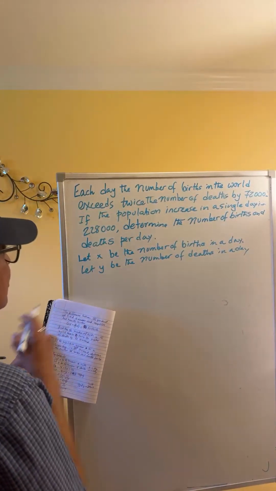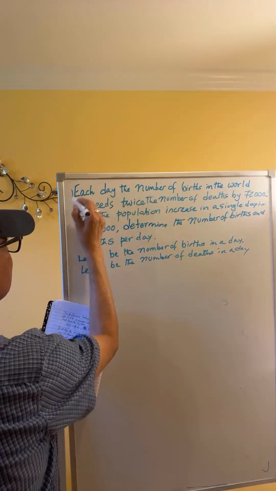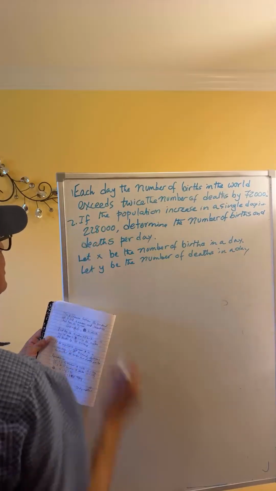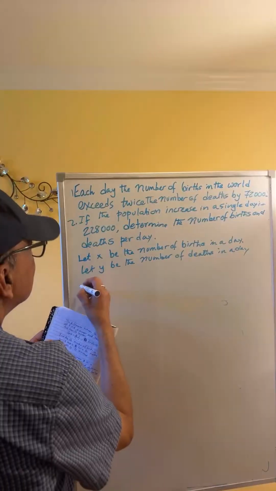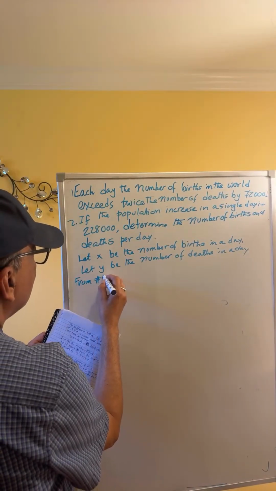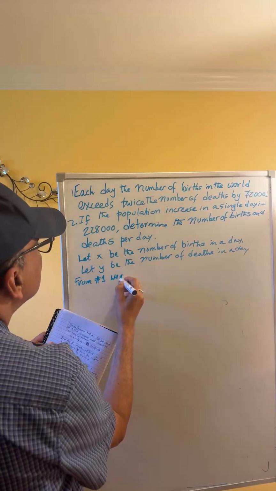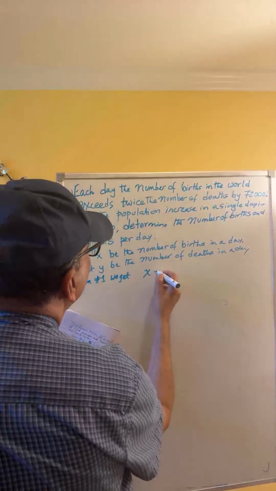Okay, so based on the first information, this is information 1, this is information 2. Each day the number of births in the world, so from number 1 we get the number of births in the world exceeds twice the number of deaths.